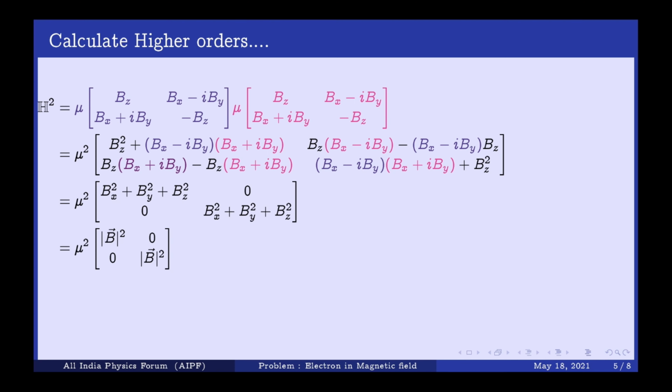So this diagonal matrix becomes mu square, and this one, you know, will be modulus of B whole square. Okay, so you can bring this B out from the matrix, and you will find that this will be an identity matrix. So that can be written as mu square modulus of B square, identity operator. And now just assume that mu B to be chi, then you can write it as chi square identity operator.